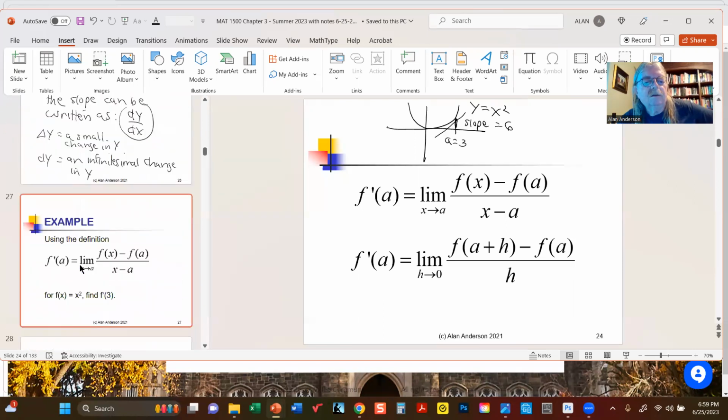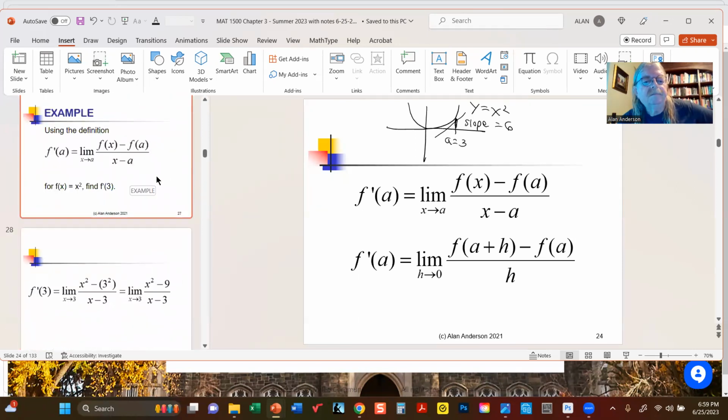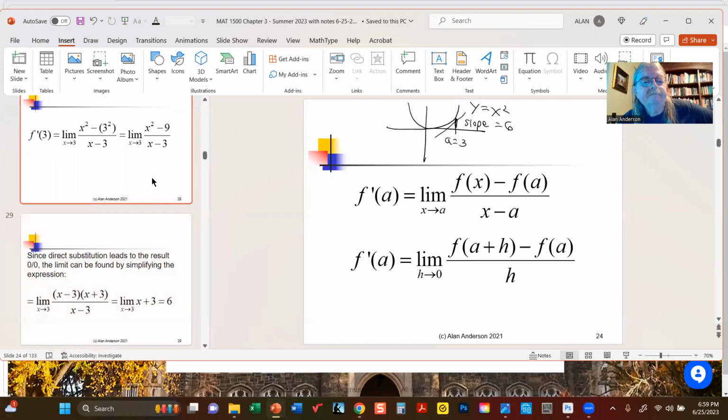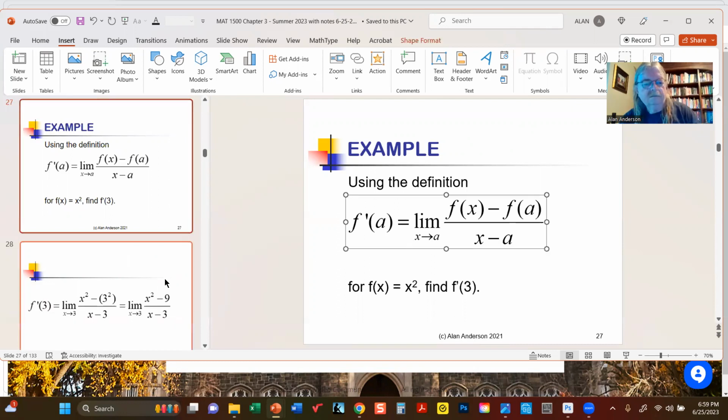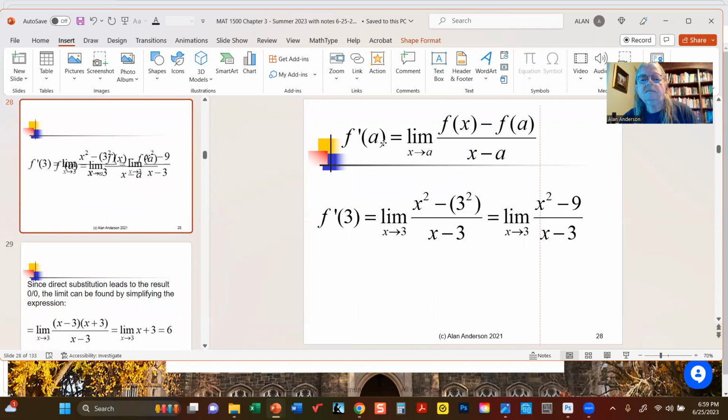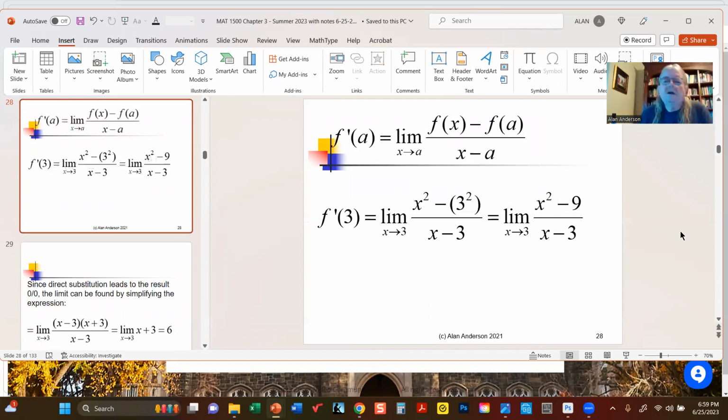Okay, so for example, this one. Well, we've already kind of done this, so we can get this done very quickly. So remember, f of x is x squared. We've chosen a to be 3. So f of x is x squared, f of a is 3 squared, which is 9.